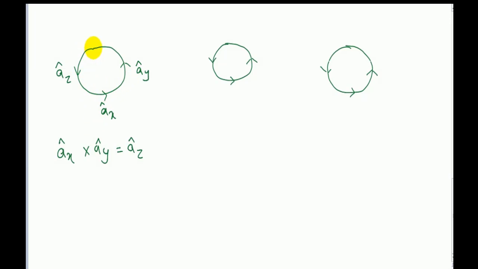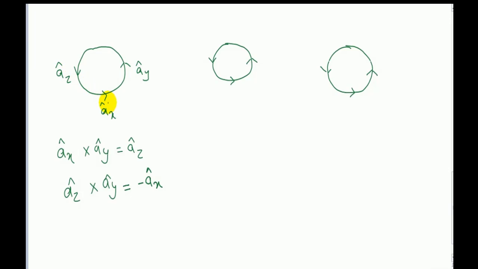And if I go in the opposite direction, that is clockwise, suppose I am taking az cap cross ay cap, then it will be minus ax cap, because the system we use is the right hand circular system. That is, if we curl the fingers of our right hand, we will get the respective unit vector, like az cross ax will get you ay, and ay cross az will get you ax.